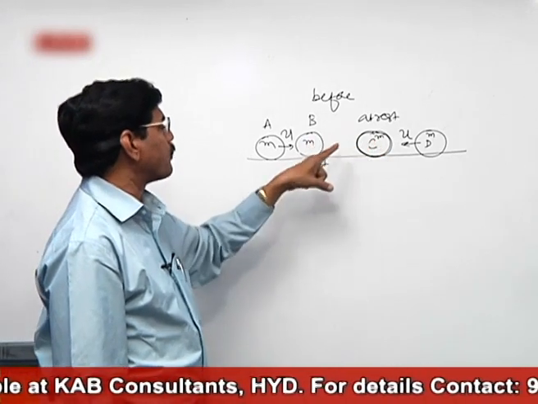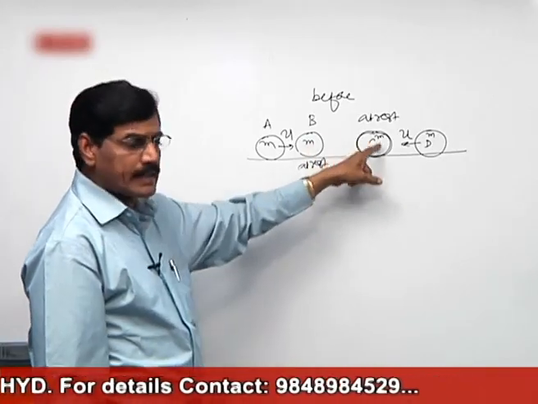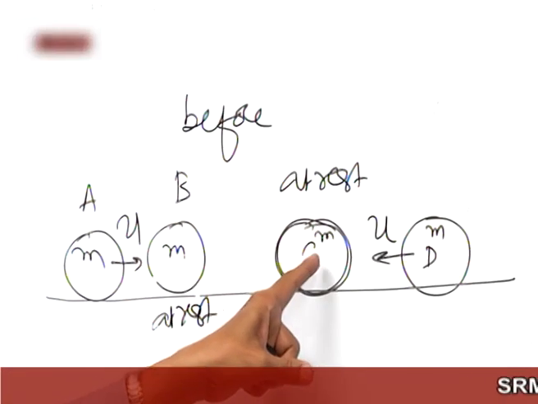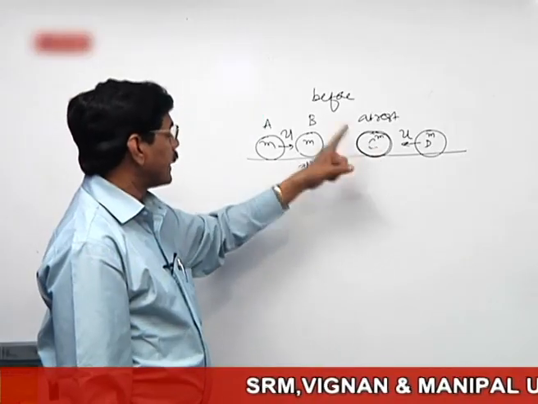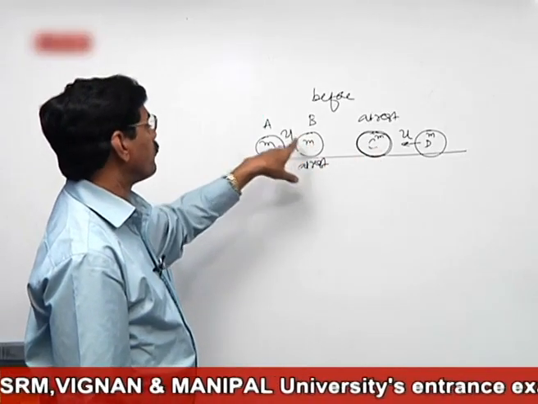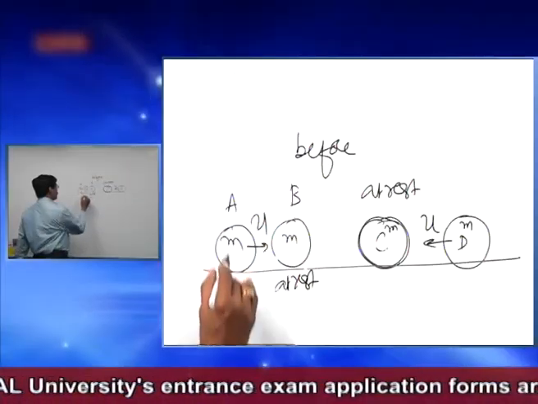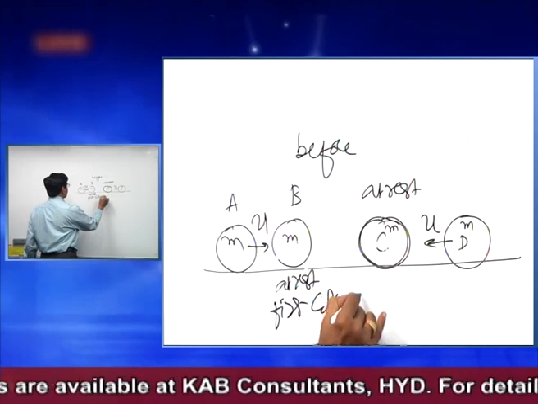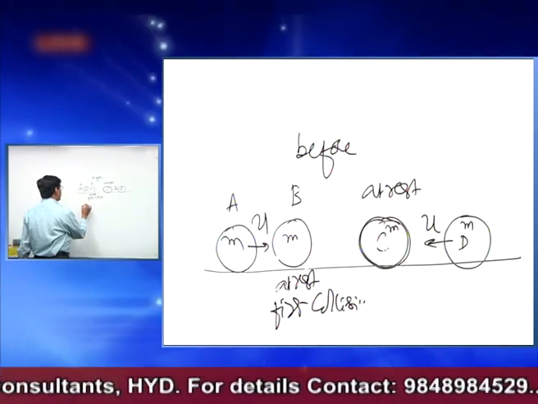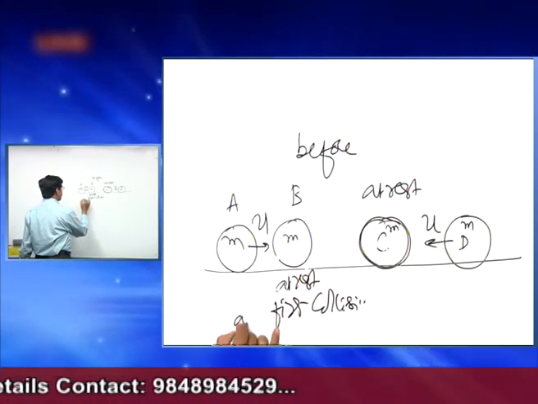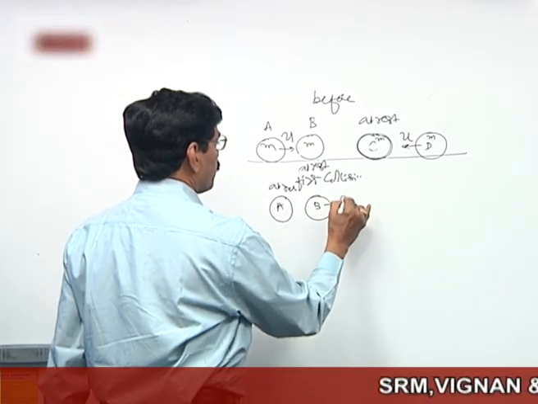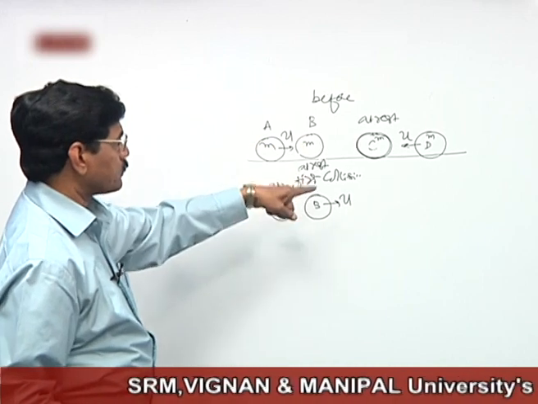Because these two are identical bodies, C's velocity is transferred to B and B's velocity is transferred to C. Earlier B was at rest; the first collision takes place between A and B. Therefore, A comes to rest and B starts moving with velocity u.